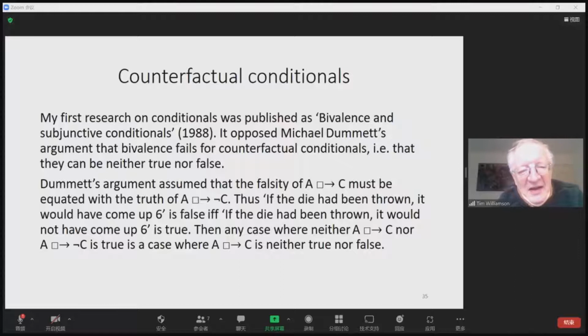So he made that assumption, so that in effect, negating a counterfactual conditional is equivalent to negating its consequent. And so any case where neither A counterfactually implies C nor A counterfactually implies not C is going to be a case where A counterfactually implies C is neither true nor false, given Dummett's assumption.